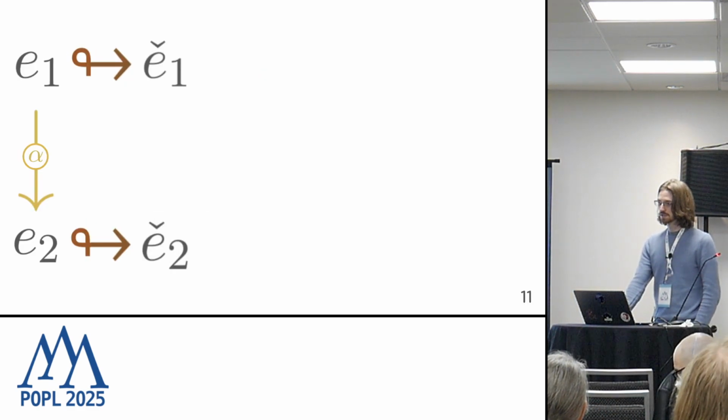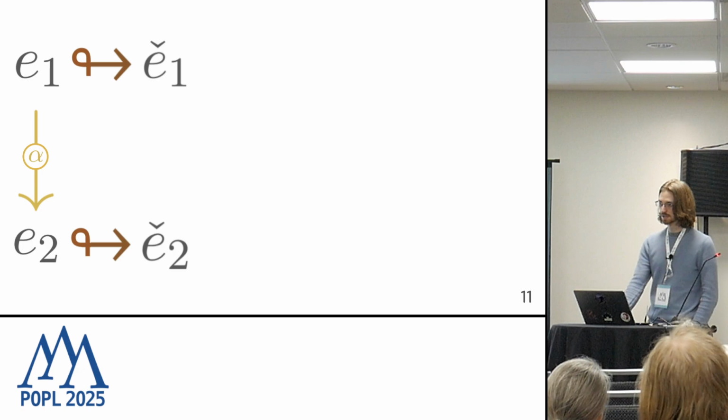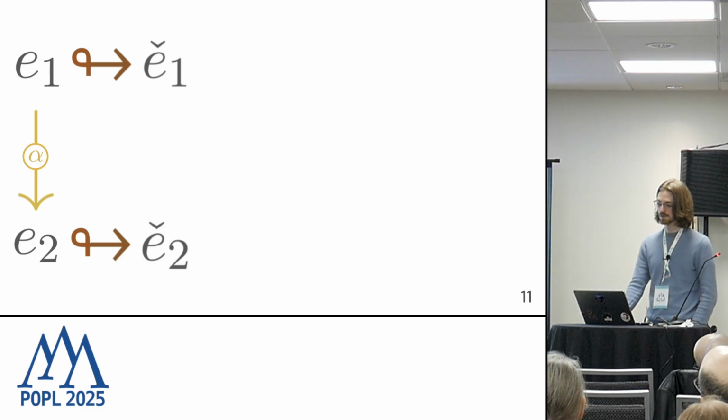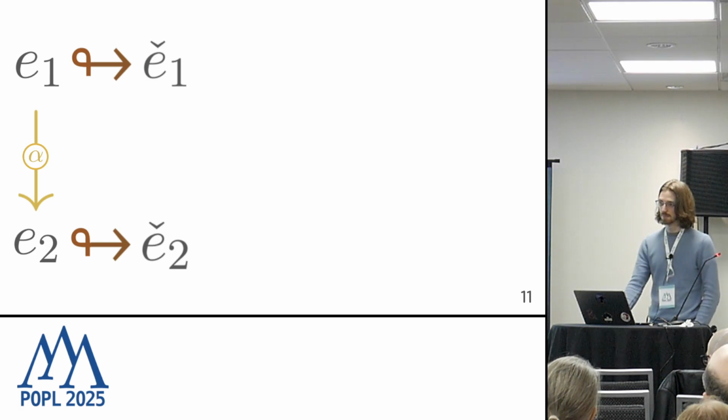OK, so there's an obvious way to turn that judgment into an editor, which is if we start with a bare AST, E1, we can mark it, insert the marks, the local errors, into eCheck1, and then display that to the user. They can see where their errors are. And then the user can apply an action alpha to the bare AST E1, making a new AST, which can then be remarked, redisplayed ad infinitum.